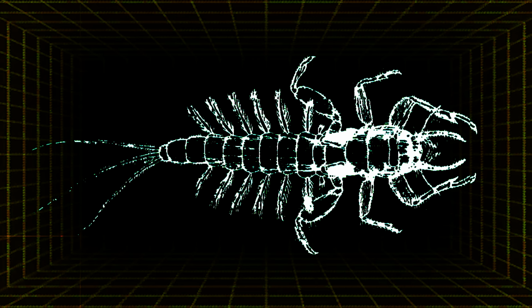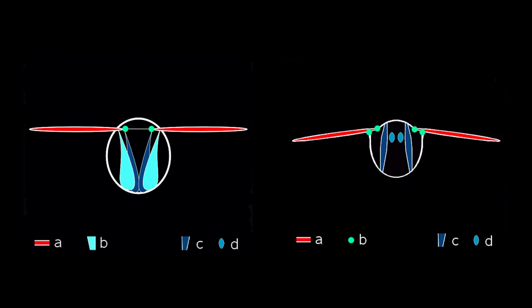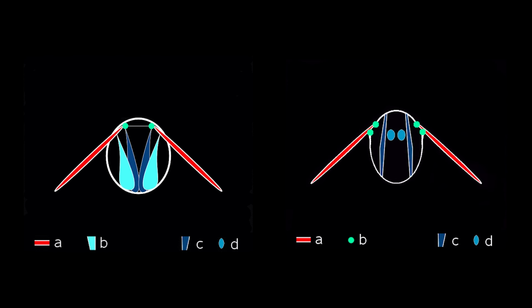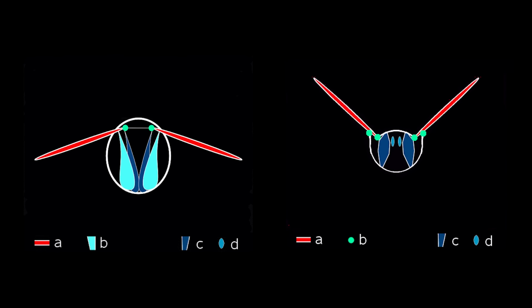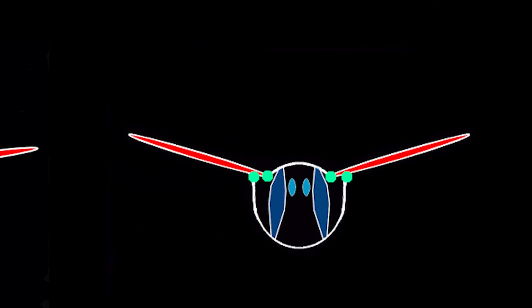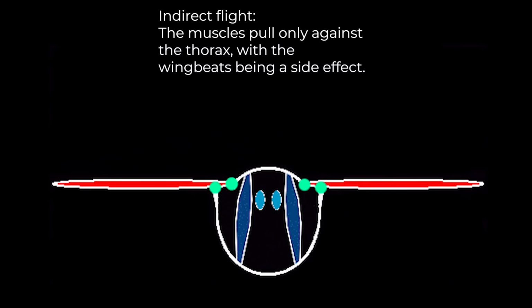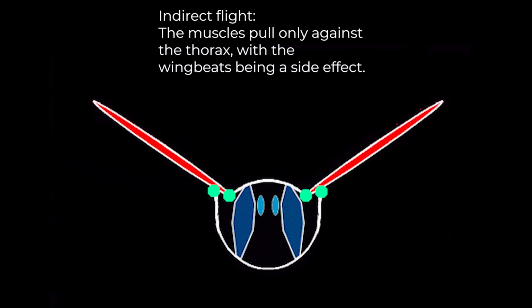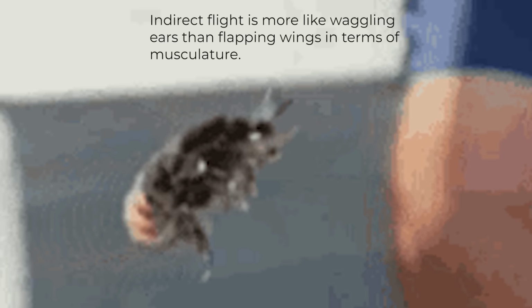First is that they transitioned from direct to indirect flight. And what this means is that the muscles are no longer directly attached to the wings. Instead, the insect deforms and vibrates the thorax with muscles very quickly, and this indirectly vibrates and flaps the wings.